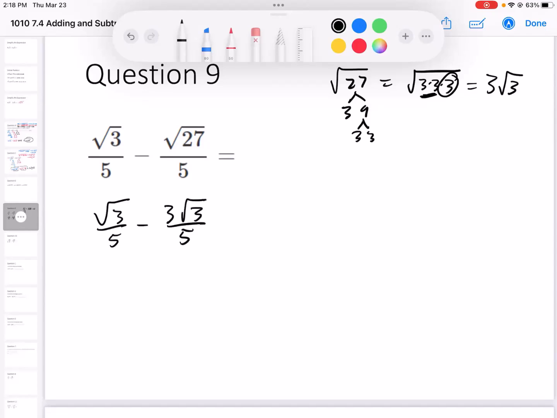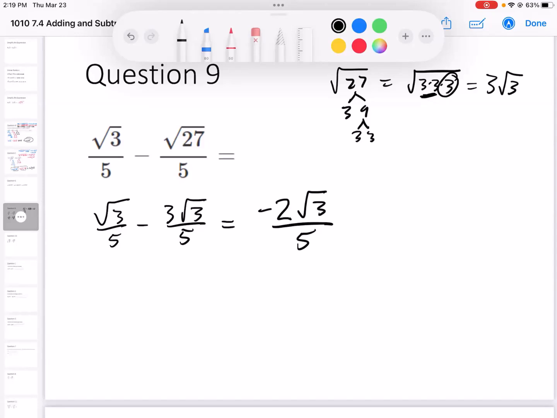And since the two fractions already have common denominators, you can just go ahead and subtract the tops. The square root of 3 minus 3 square roots of 3 is going to be negative 2 square roots of 3, and that will all be over the common denominator 5. So again, basically the same process. You just have to make sure you have common denominators to add the fractions.